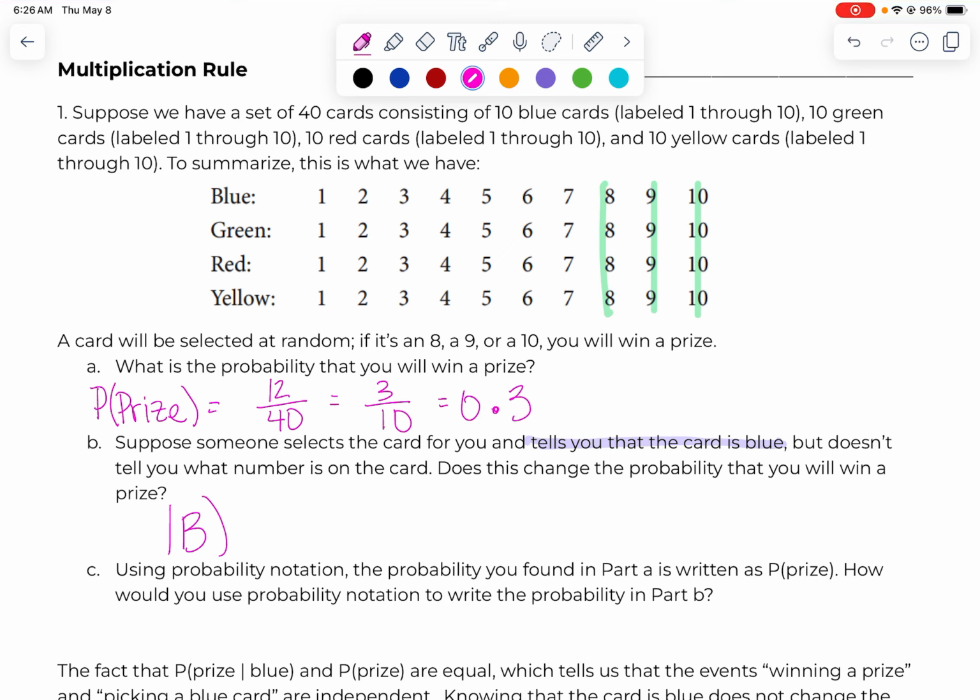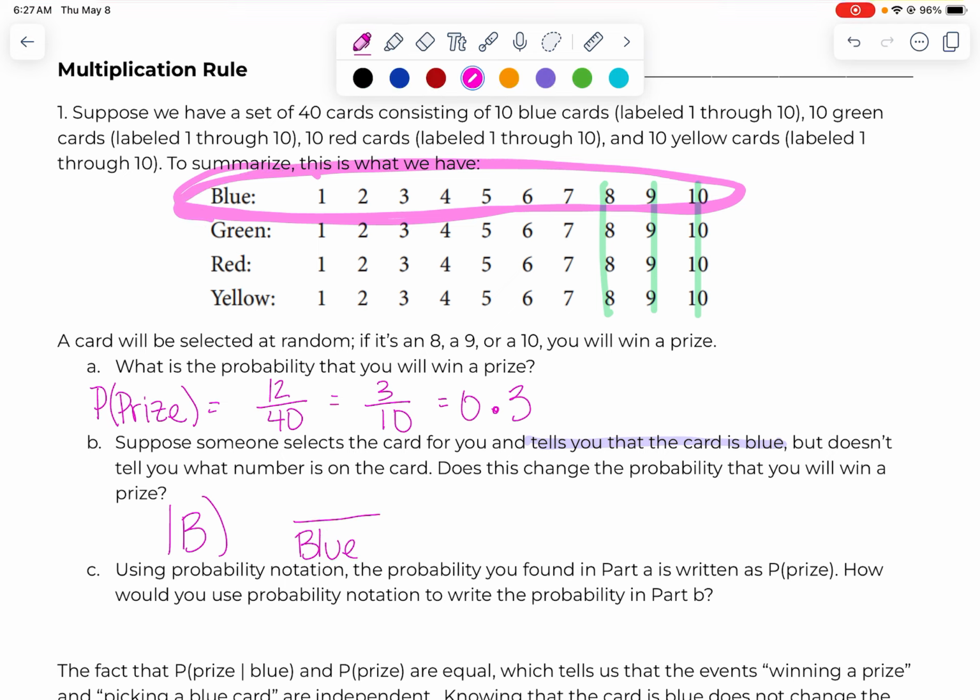Okay, so we are going to take our data and narrow it down to just blue. So we're going to be dividing by the blue cards. But we still want to win the prize, so we want the prizes over the blue cards.